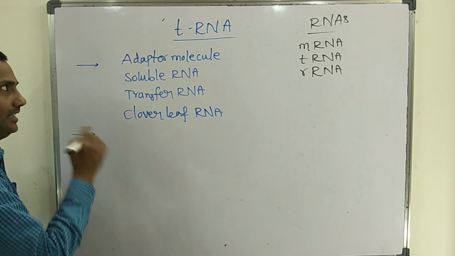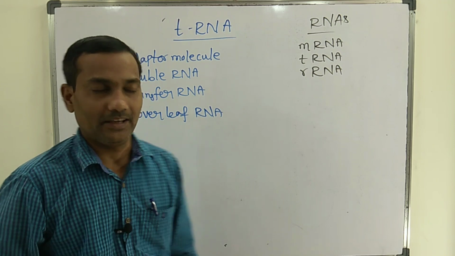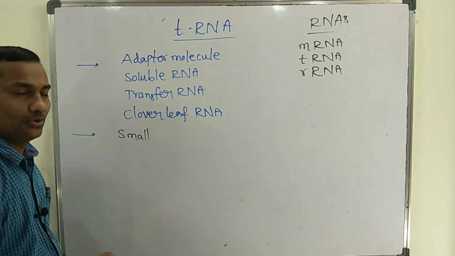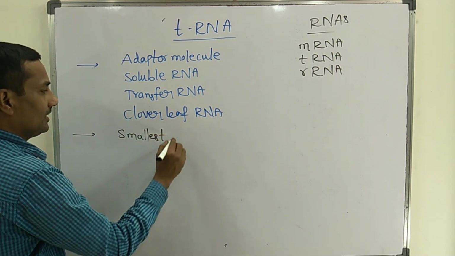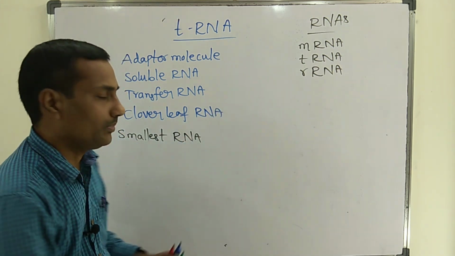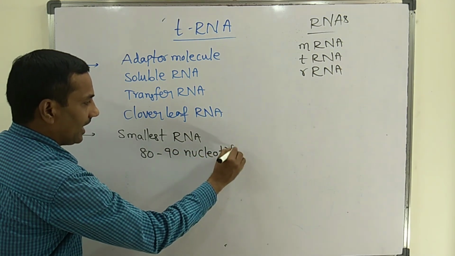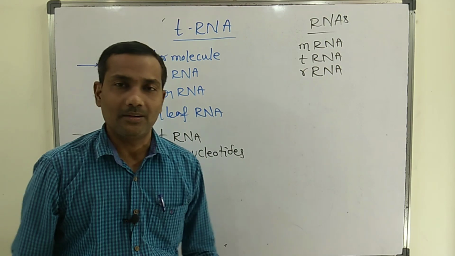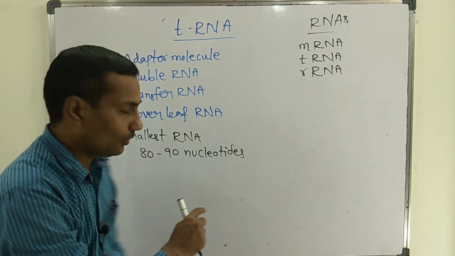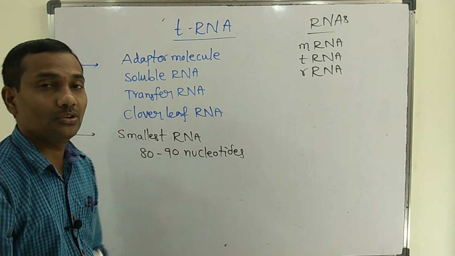Among all RNAs, it is the smallest RNA. From a structural point of view, it has very few nucleotides. It is made up of only 80 to 90 nucleotides, compared with other RNAs like mRNA and rRNA.